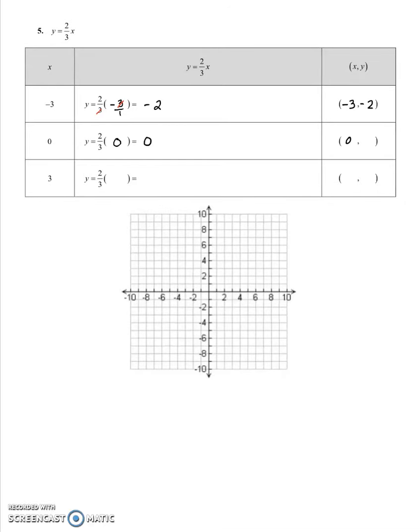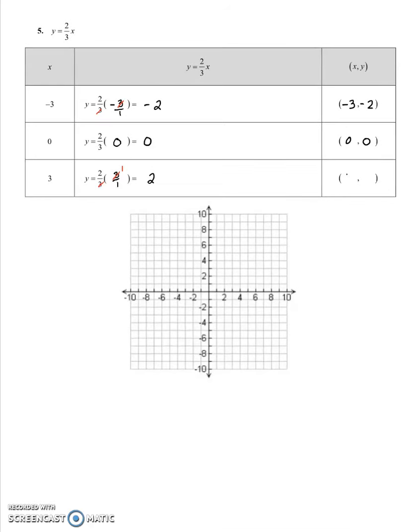So we have the point 0, 0. And if we put a +3 in, it works out pretty much the same way as the first one did. The 3's cancel, so we're left with a 2 times a 1, which is +2.